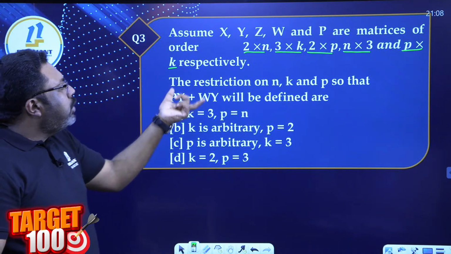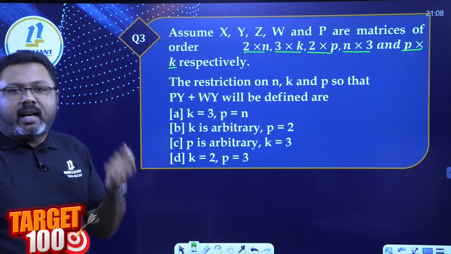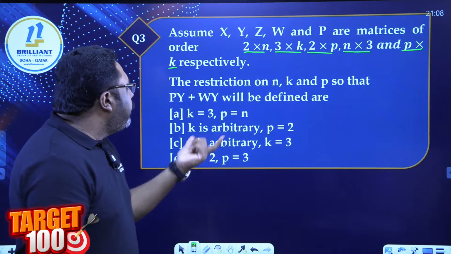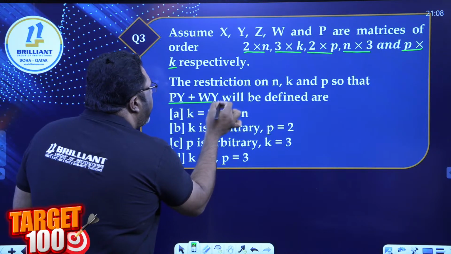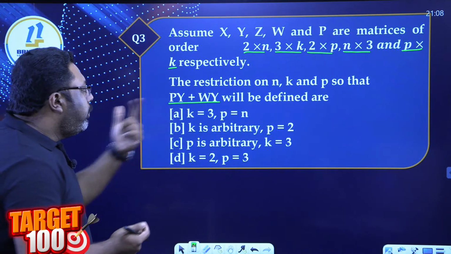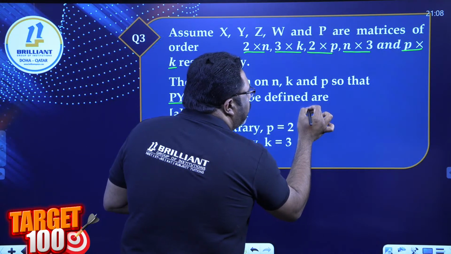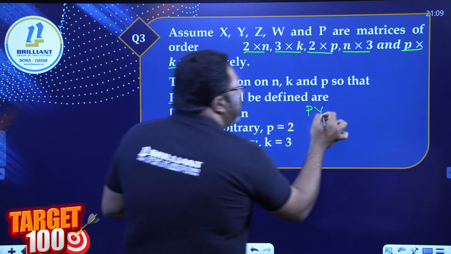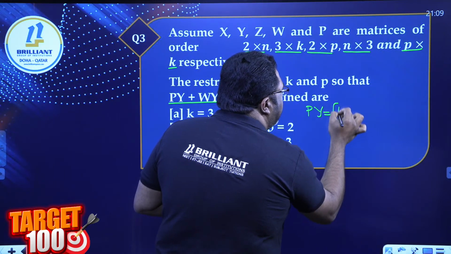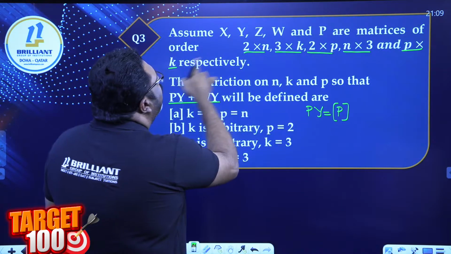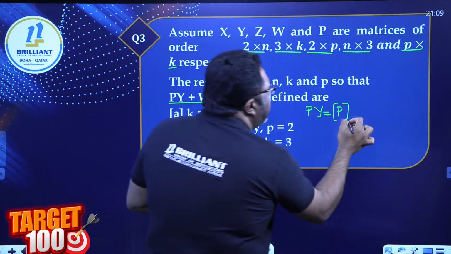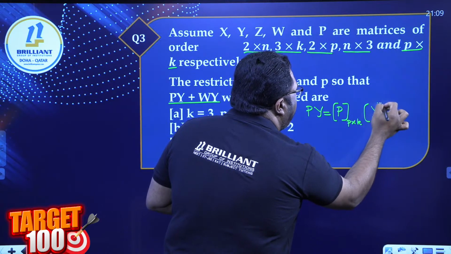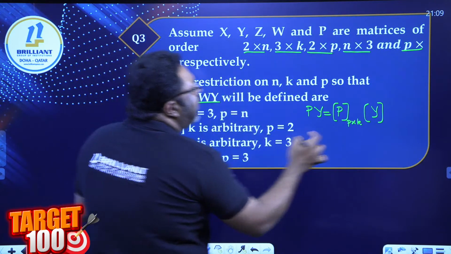They're asking what the restrictions, meaning the conditions, are that the values n, k and p should follow so that PY plus WY is defined. If I'm supposed to multiply matrix P with matrix Y, certain conditions must hold. Matrix P is of order p by k and matrix Y is of order 3 by k.